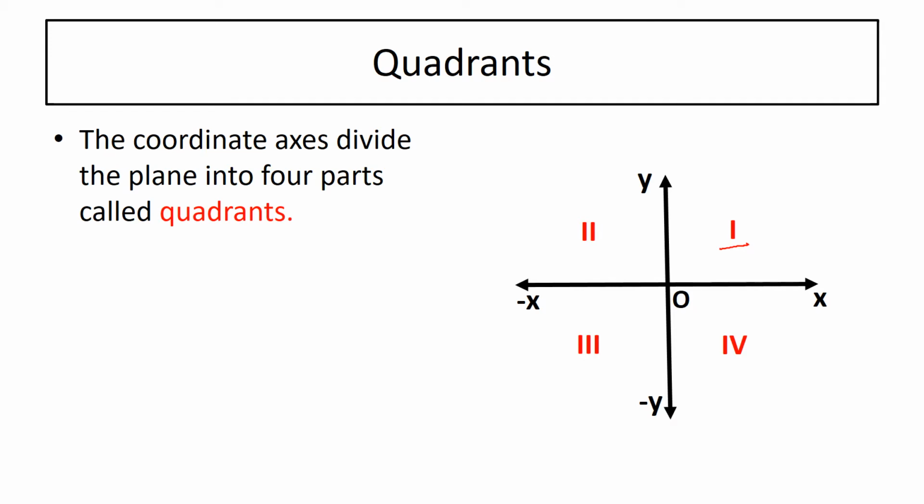Similarly, the second quadrant is enclosed by O minus X and OY. The third quadrant is enclosed by O minus X and O minus Y. The fourth quadrant is enclosed by OX and O minus Y.